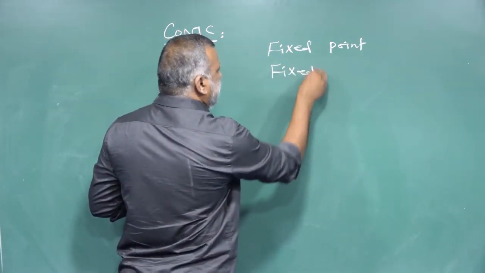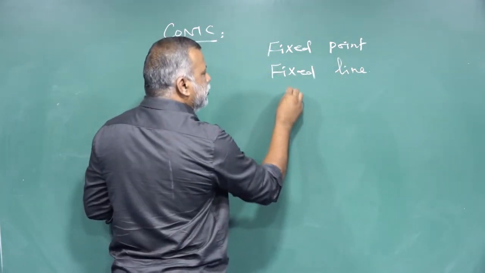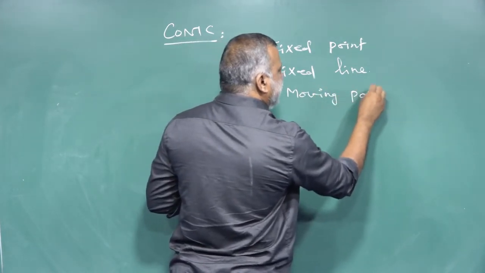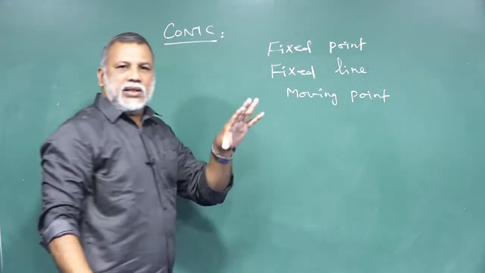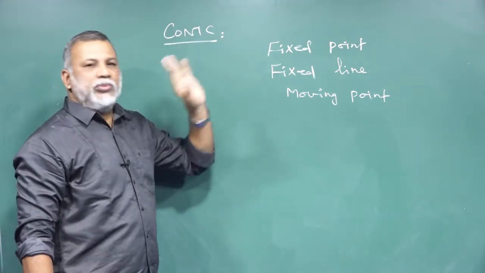The next technical word is fixed line, and one more is moving point. If we have a moving point, then only can we get the locus. These are the keywords: fixed point, fixed line, moving point.